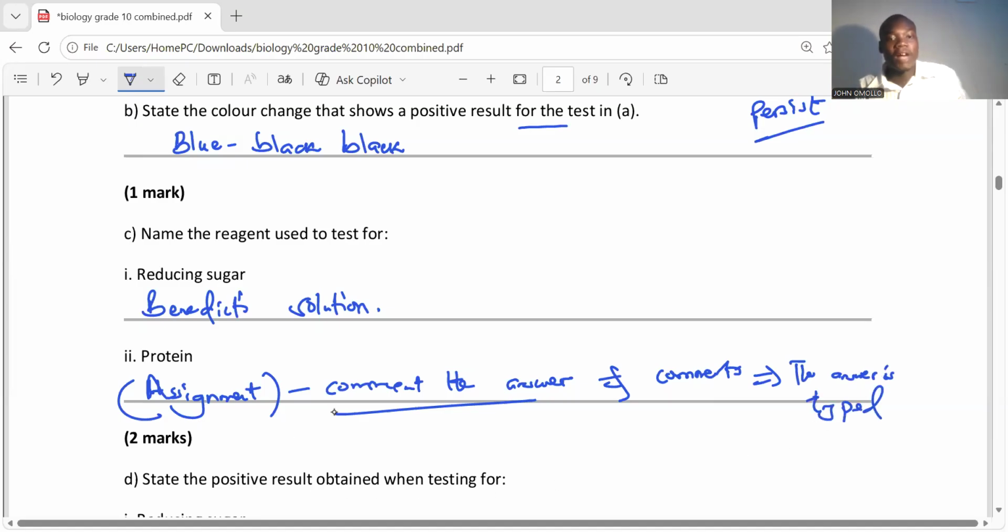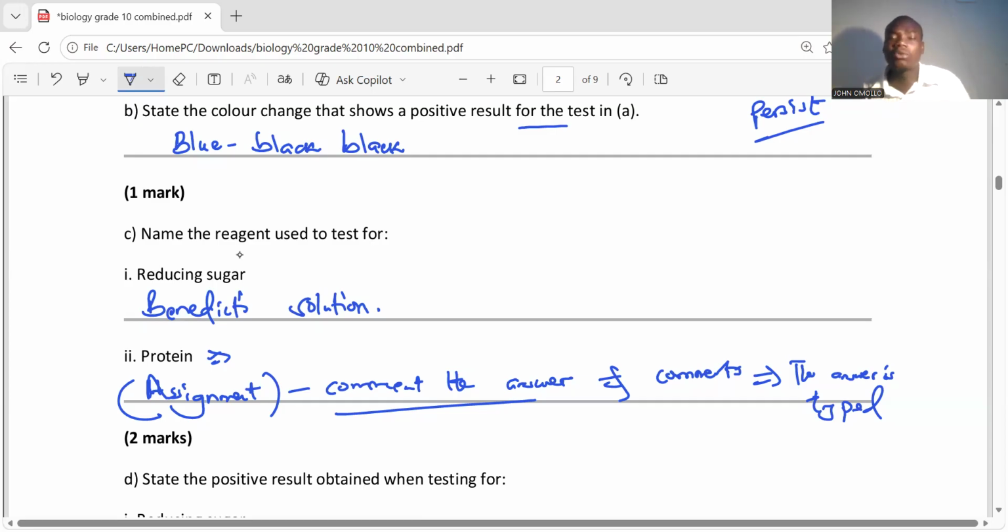The reagent used to test for protein is your assignment. First of all, do it. That is why we are learning. You cannot just learn everything through me. I only need to give you 25%. Go and look for the reagent used to test for protein. I know it, and I don't want to mention it, for you to also do some research on biological molecules.